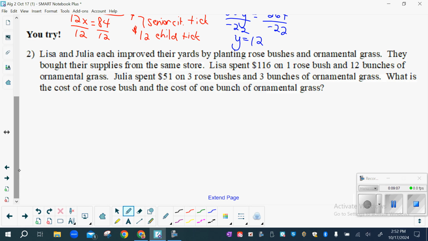Look how you set it up. That's exactly right. That's exactly what I did. You want to multiply this one by something, so it's 51 equals 3x plus 3y.